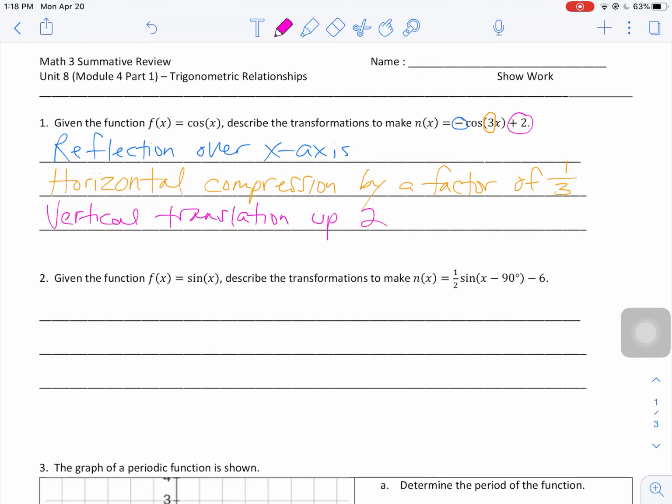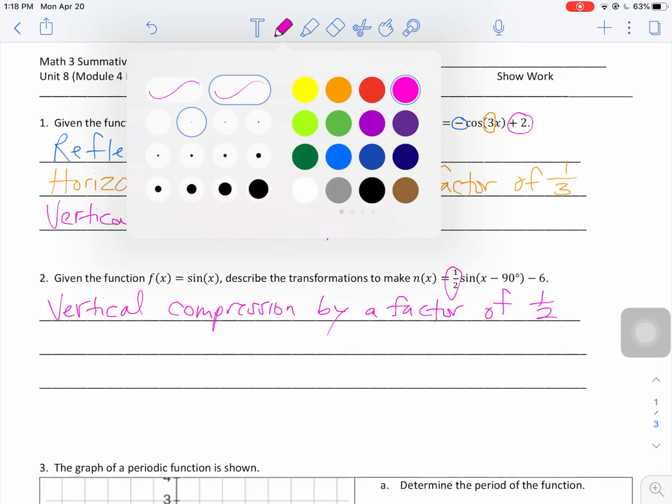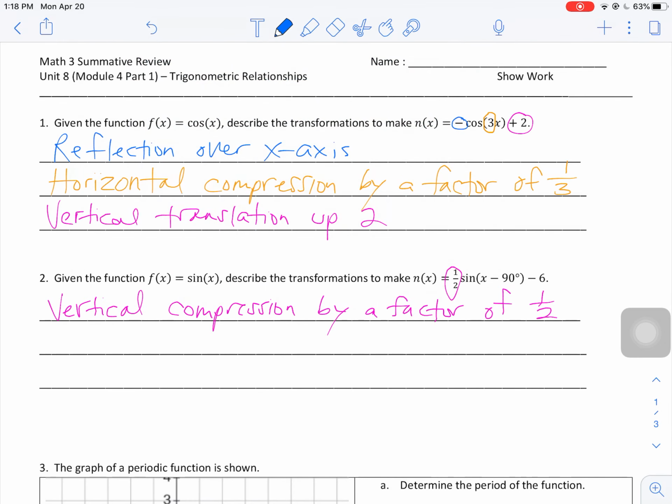On number 2, the 1/2 in the front would be a vertical compression because the a value is in between 0 and 1. Inside the parentheses, those are always our horizontal transformations, and they're always the opposite of what we think they should be.